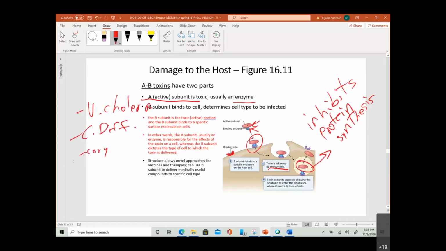Corynebacterium diphtheriae, which causes the pseudomembrane, is also another AB toxin. Keep it at these three for now. You guys get these? Yes, sir.